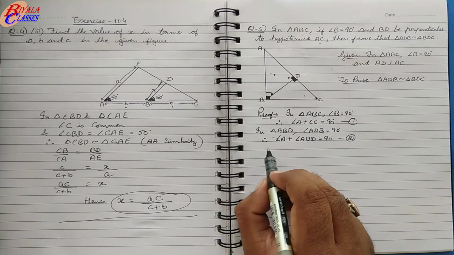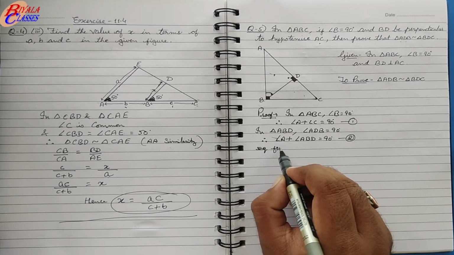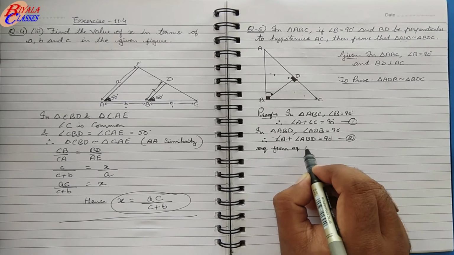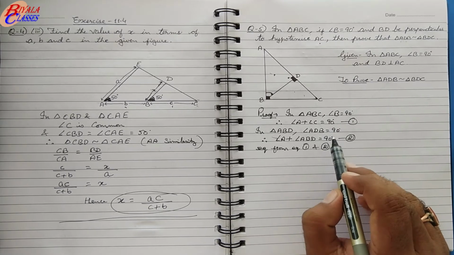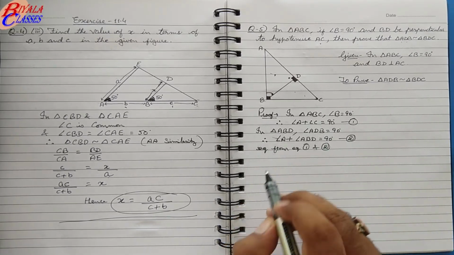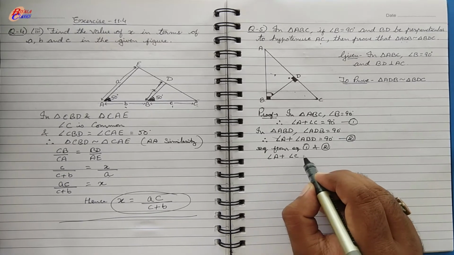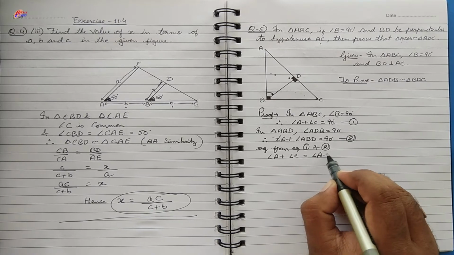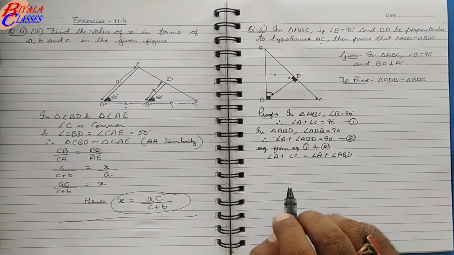Now if we compare equations 1 and 2, from both the equations the sum is 90 on the right hand side, so their left hand sides will also be equal. So we have angle A plus angle C equals angle A plus angle ABD.